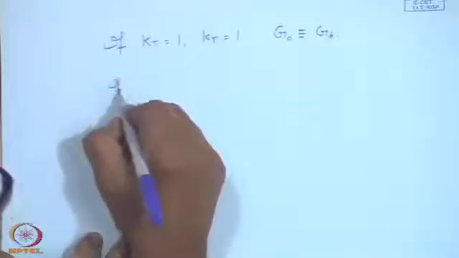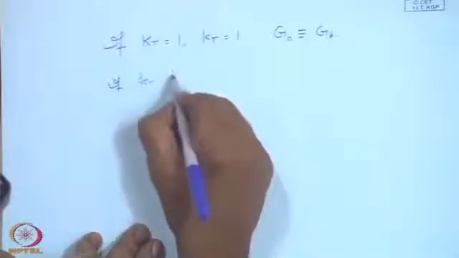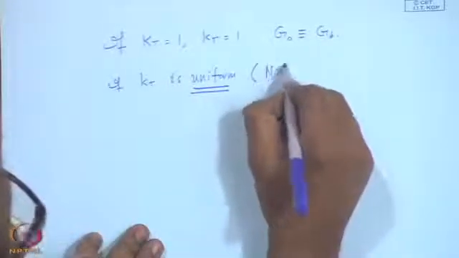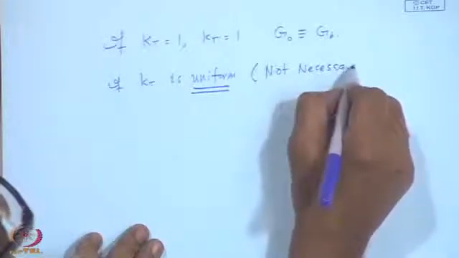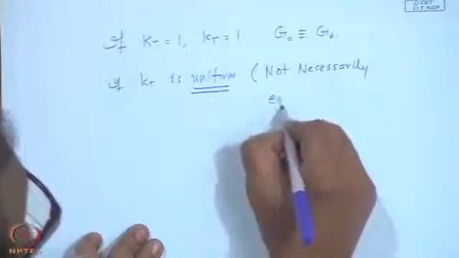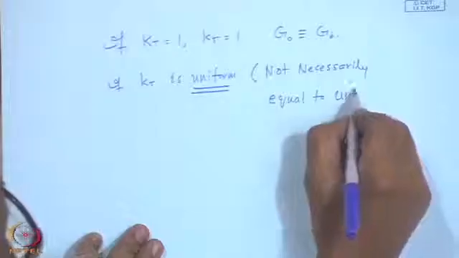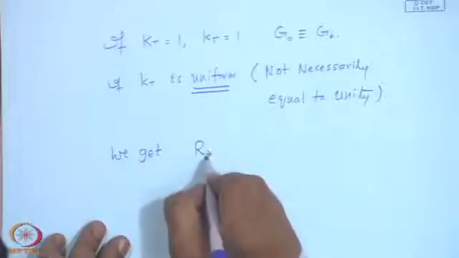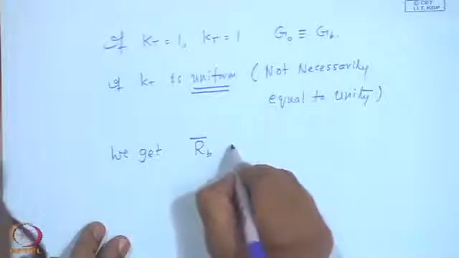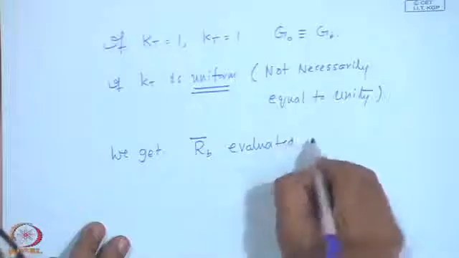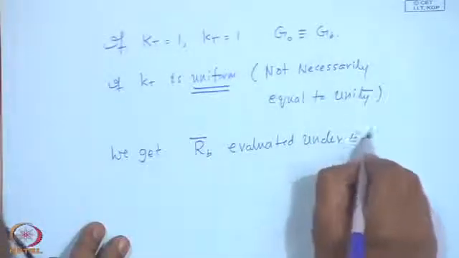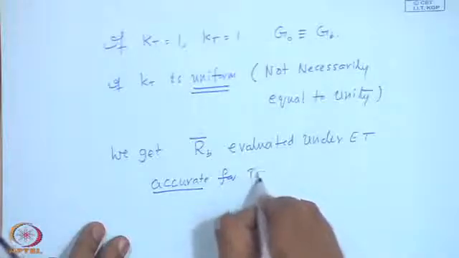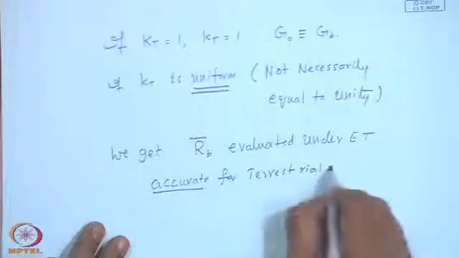By this we proved that if k t is uniform, that means not necessarily equal to unity, we get R b bar evaluated under E t accurate enough for terrestrial calculation also.